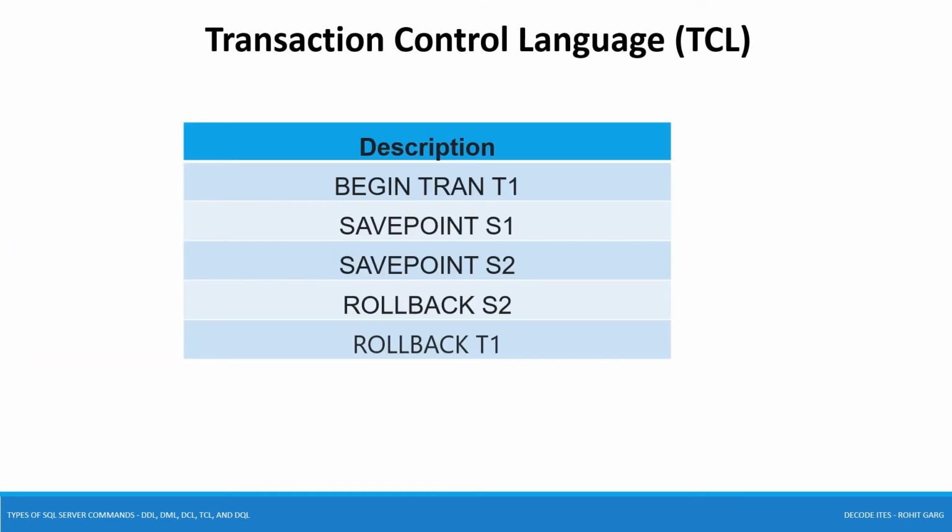Let's consider this scenario for our begin tran and savepoint understanding. For example, you have started begin tran T1 here, and after performing some activities, you start a savepoint S1, and after some time, you start savepoint S2.